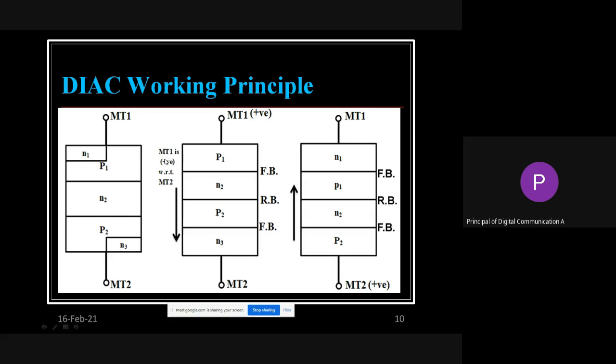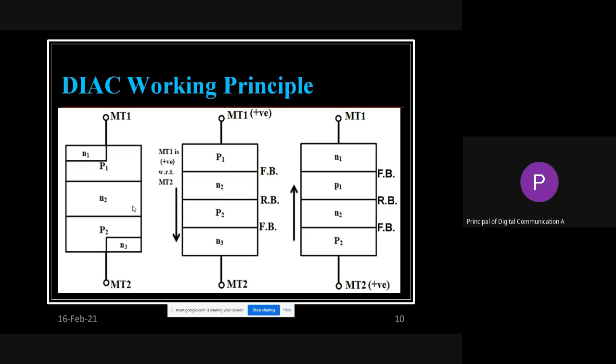Now, next is that, as we have said that it is bidirectional, and normally it is used with the AC source. AC source म्हणजे काय तर positive half cycle, negative half cycle. So during the positive half cycle and during the negative half cycle, what is happening?